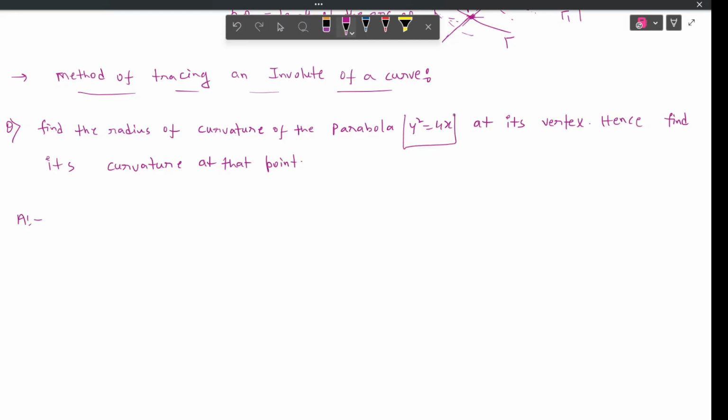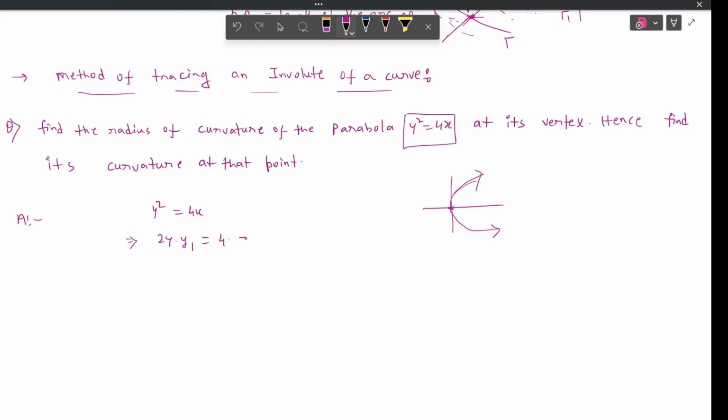So for this parabola, the vertex is at the origin, right? This is y square equals 4x format, so the vertex is at the origin. This is the given parabola. Now let us differentiate both sides. So it would be 2y into dy by dx, we are writing it as y1, and this would be 4.